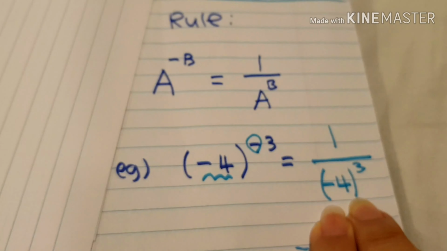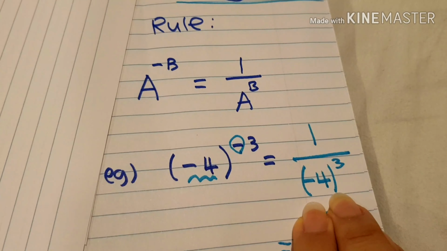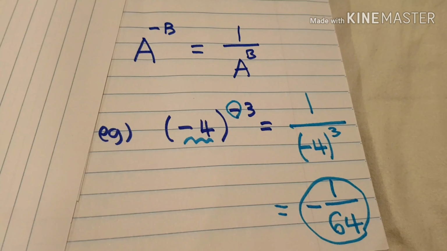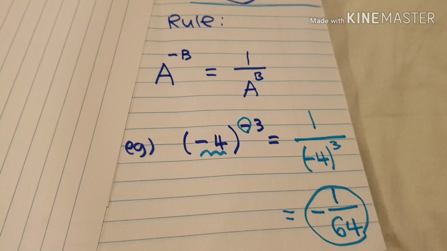Like that, right? Just put it in the calculator, simplify, and you will get negative 1 over 64.